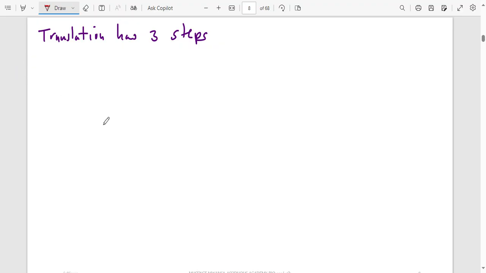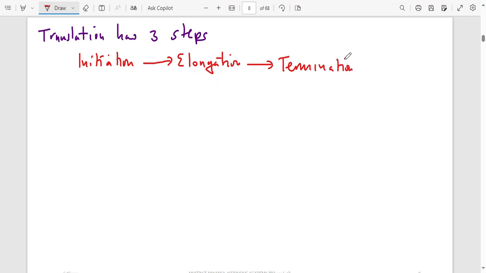The first step is initiation. The second step is elongation, which can also be known as polymerization. The third step is termination. These are the three steps for all of the central dogma of molecular biology.